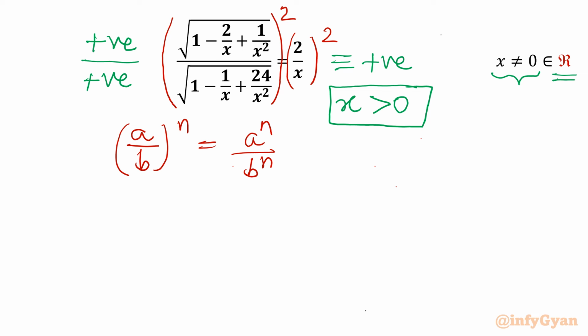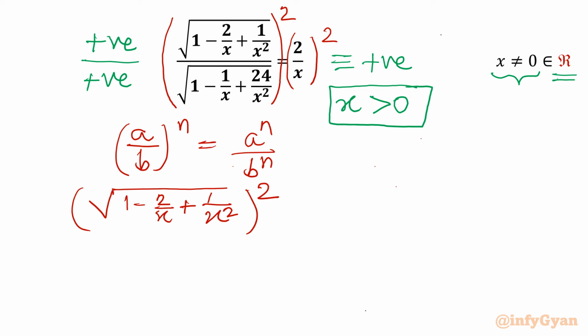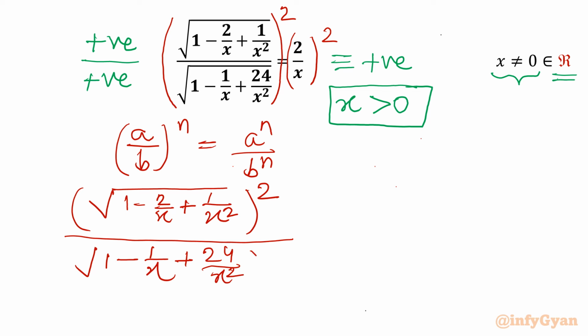So this square will be distributed in the numerator and denominator. So (1 minus 2 over x plus 1 over x square) whole square, divided by square root of (1 minus 1 over x plus 24 over x square), and then we'll be writing whole square.